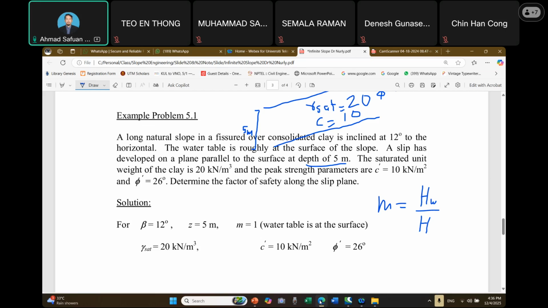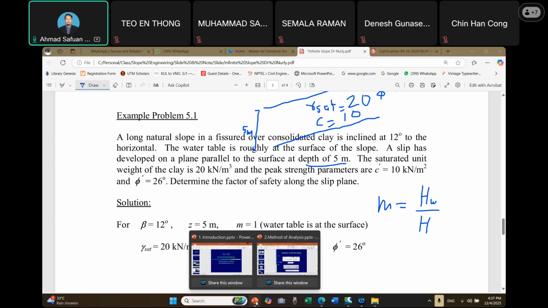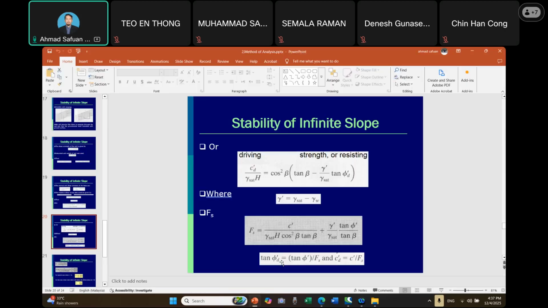So 0.49 plus 1.17 plus 0.449, then we also obtain 1.66. So with the use of the simplified equation and also the use of the m, we also obtain the same result.